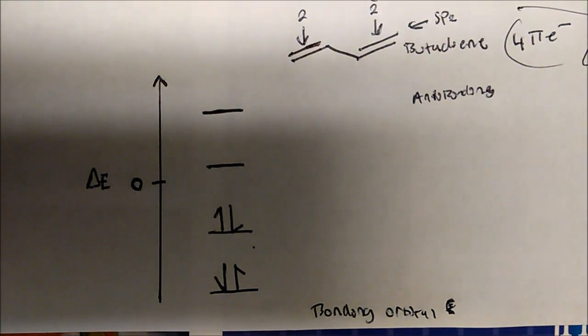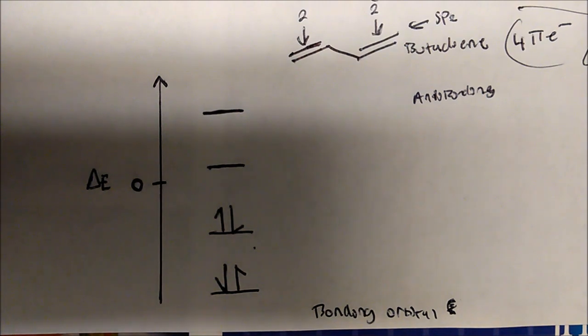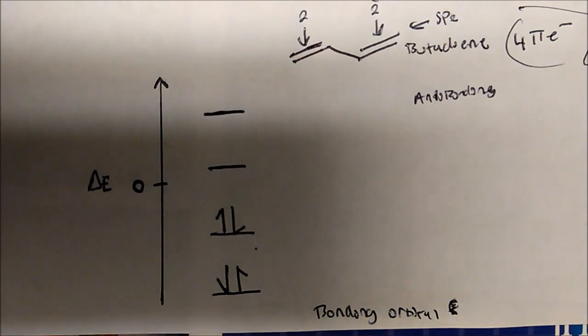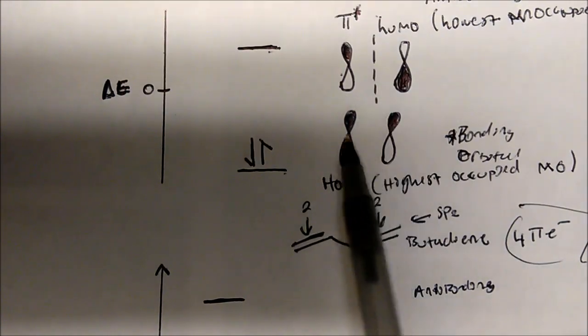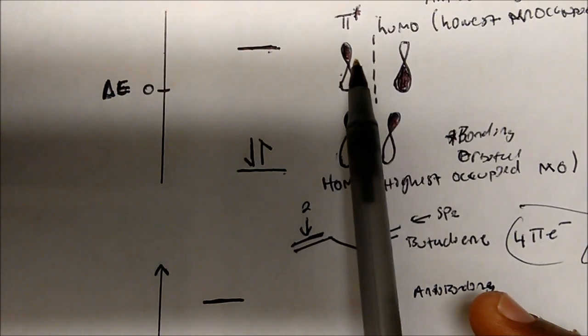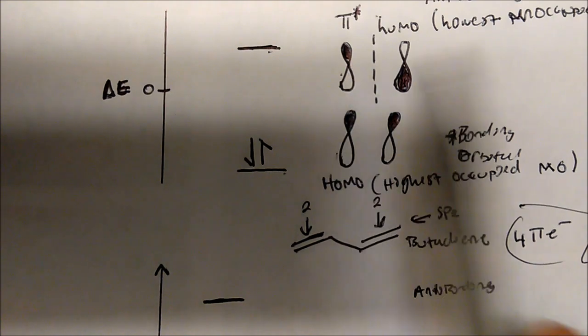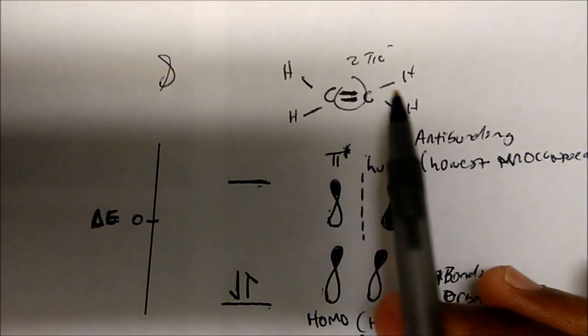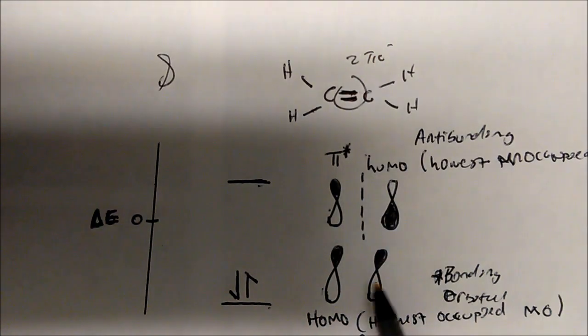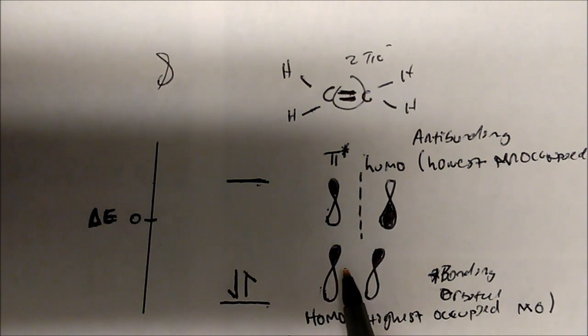Now, here's where the concept of node comes in. Remember we talked about showing maximum bonding here and then showing non-bonding electrons here. How many total pi electrons did we have here? We had a total of 2 pi electrons, hence the reason why we had 2 s's. So 1, 2, right?